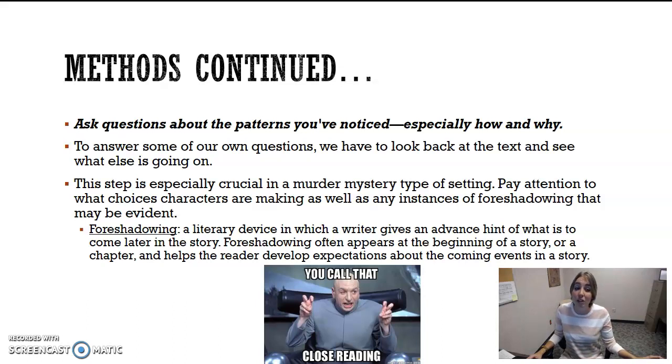One of the ways that we look at that is the idea of foreshadowing. This is a literary device in which a writer gives a hint of what's to come later. So as you're reading through this book, and we look at chapter 1, Poirot is standing on the platform talking to the guard.